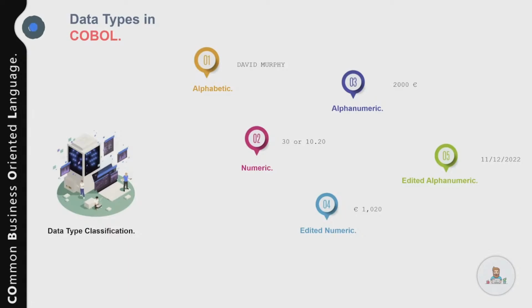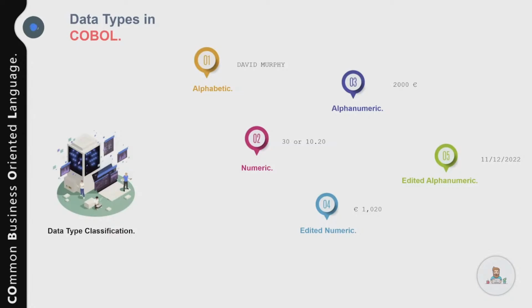In the last two examples, I've reformatted the data in a more readable format. In the first case, I've used the salary of an employee with a currency symbol and comma so that it could be more presentable in your report or on screen. Similarly, in my last example, that is edited alphanumeric, I've used a date and it is again reformatted with forward slashes. First you have the day, thereafter the month, and thereafter the year.